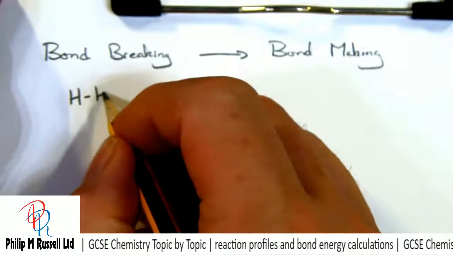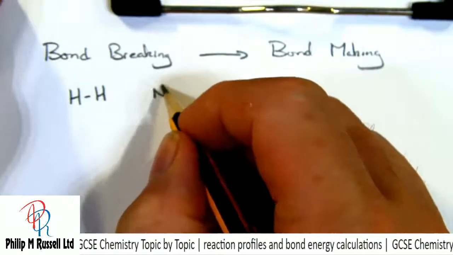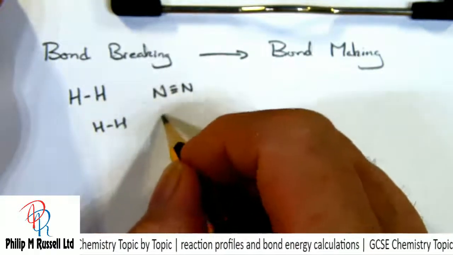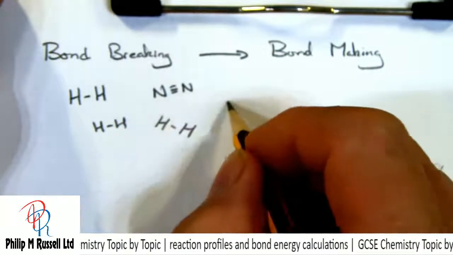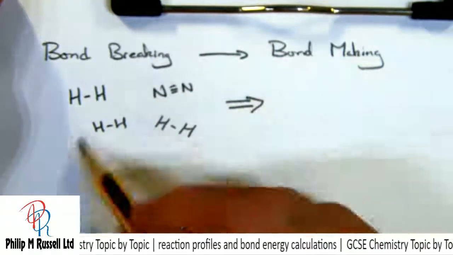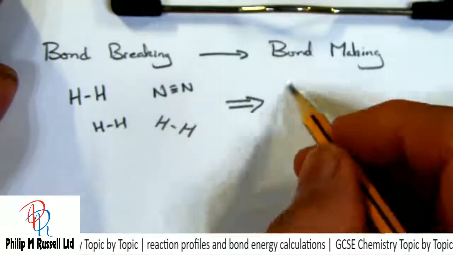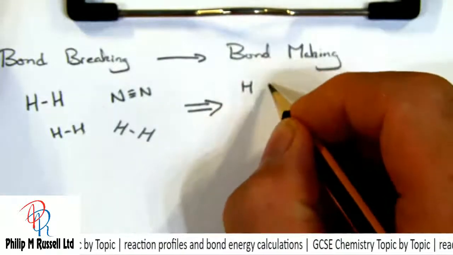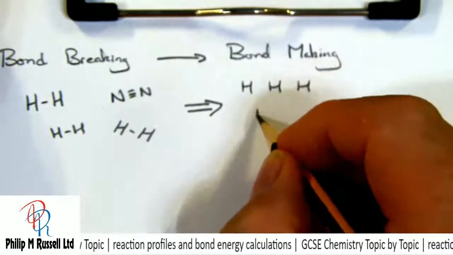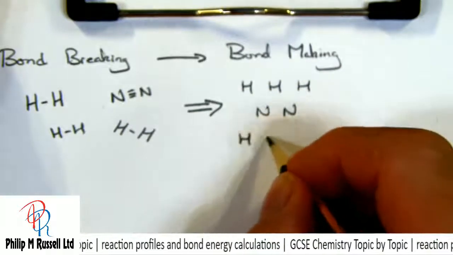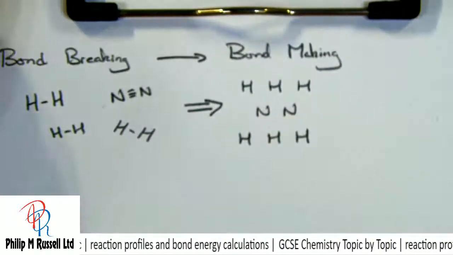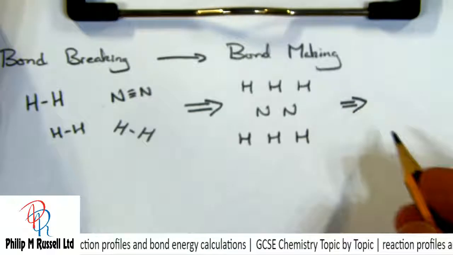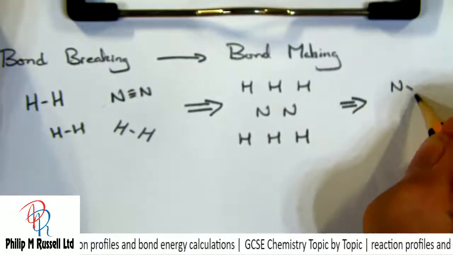Let's take some hydrogen, and I'm going to get that to react with some nitrogen. Then if I want these to react together, what I've got to do is make sort of an intermediate step. I've got to break all those bonds before I can make them again.